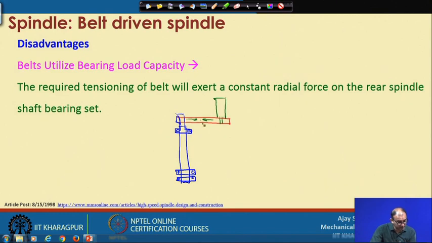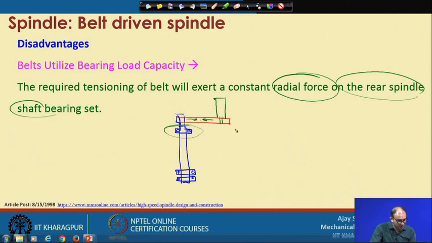This stretching is continuously loading, so what is going to happen? There is a radial load onto the rear spindle shaft bearing. When you are tightening in this direction, these bearings will get the radial loading. To get the required tensioning and make sure there is no loosening, every time you have to manage this by moving the motor in this direction, so you are tightening the belt.